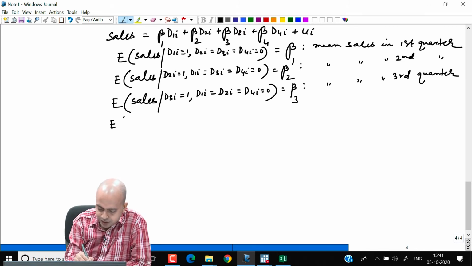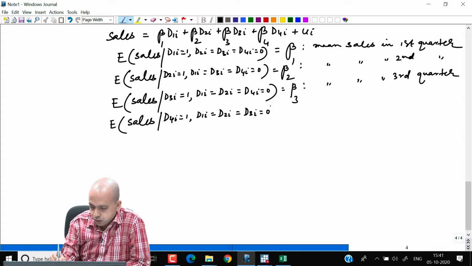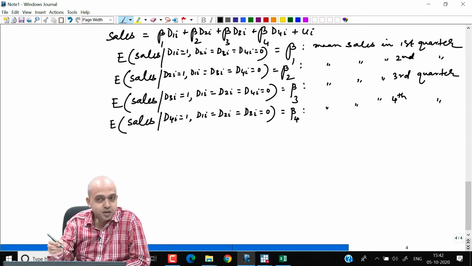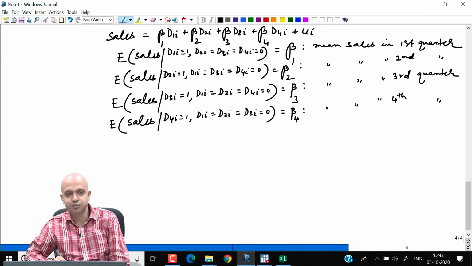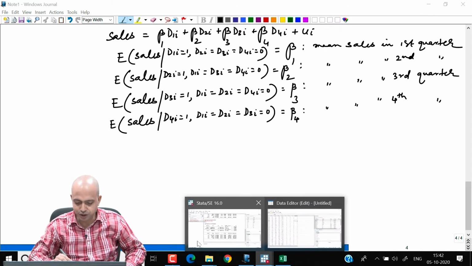And expectation of sales when d4i equals 1 and d1i equals d2i equals d3i equals 0 is beta 4, the mean sales in the fourth quarter. So the coefficients of these dummies themselves indicate the mean sales.